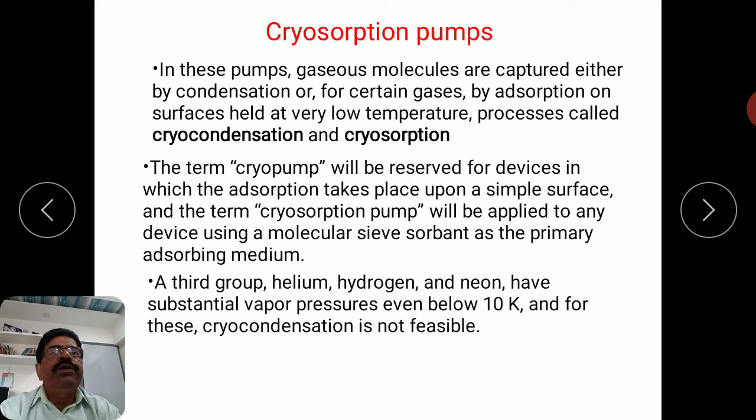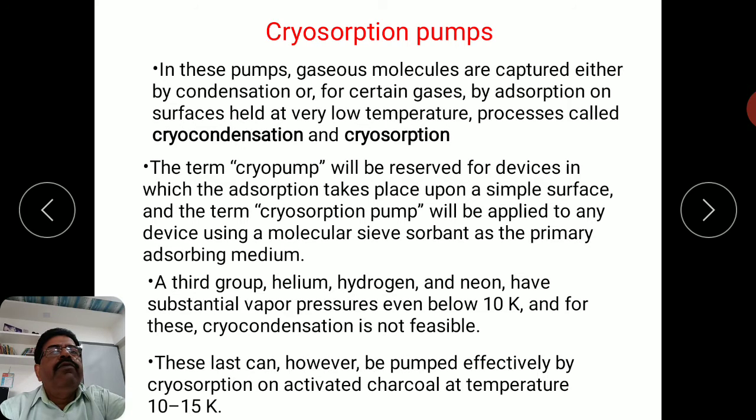The third group is of certain gas molecules like helium, hydrogen and neon, which have substantial vapor pressure even below 10 degrees Kelvin. For these particular gas molecules, cryocondensation is not feasible, and therefore this group can be pumped effectively by cryosorption.